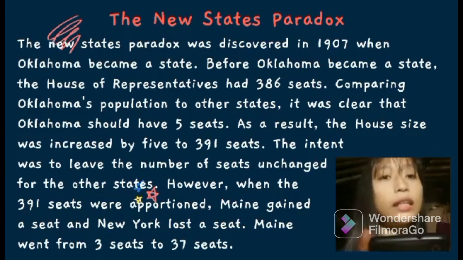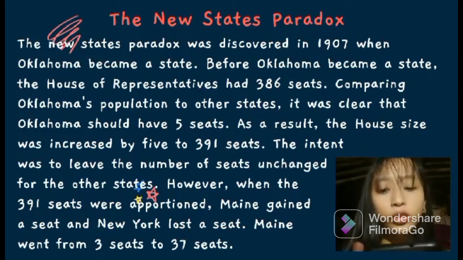As a result, the House size was increased by 5 to 391 seats. The intent was to leave the number of seats unchanged for the other states. However, when the 391 seats were apportioned, Maine gained a seat and New York lost a seat. Maine went from 3 seats to 4 seats and New York went from 38 seats to 37 seats.